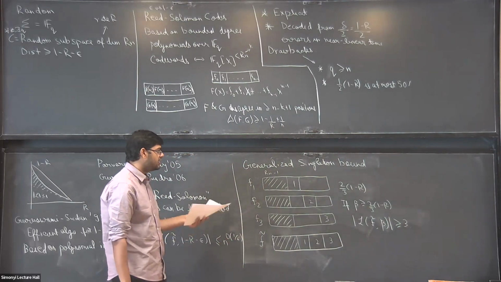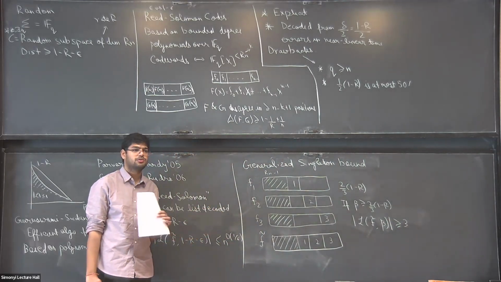Or the contrapositive, if the list is of size 2, then the decoding radius must be at most 2/3 1 minus r.